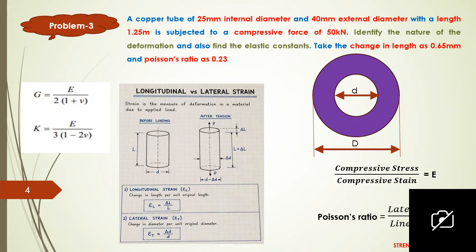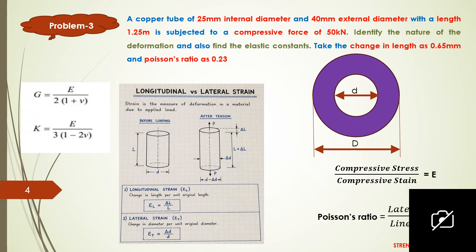And also find the elastic constants. Elastic constants means modulus of elasticity, modulus of rigidity, bulk modulus. In this slide we have given the relationship between elastic constants. Once we find the value of modulus of elasticity, we can easily find the other two elastic constants by using Poisson's ratio.